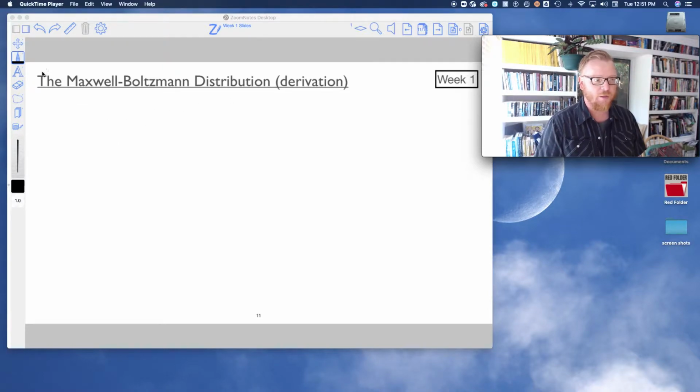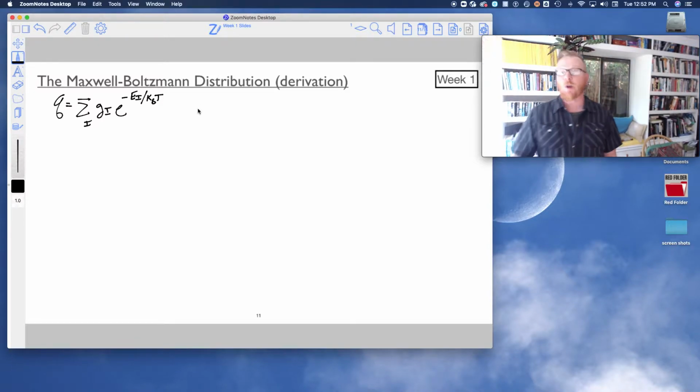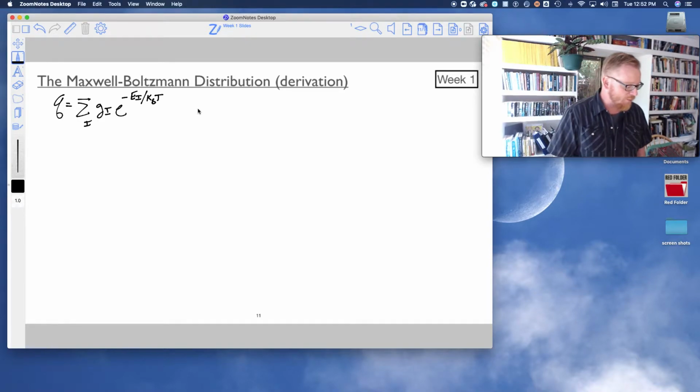If you recall, the molecular partition function looks like this. Q is the sum, and if degenerate or equivalent energy states exist, there's this degeneracy factor, as well as e raised to the power negative energy sub i, corresponding to whatever state is in that sum, divided by k Boltzmann T. Now we're going to expand this specifically for the translations of molecules and their kinetic energy.